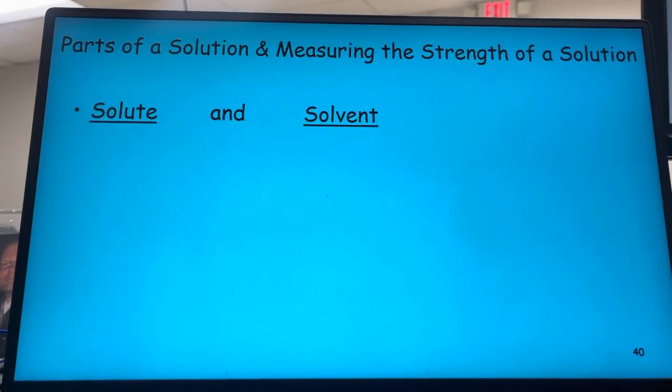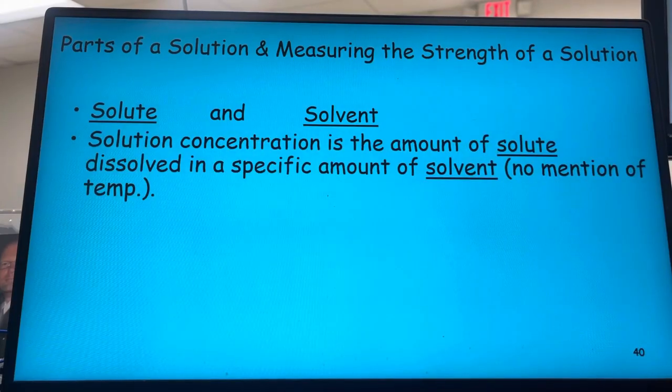We already know, this is a review from yesterday, solute and solvent. Remember, the solute was the thing that gets dissolved into the solvent. So sugar would be the solute and the solvent would be water in that situation. So solution concentration is the amount of solute dissolved in a specific amount of solvent, with no mention of temperature.